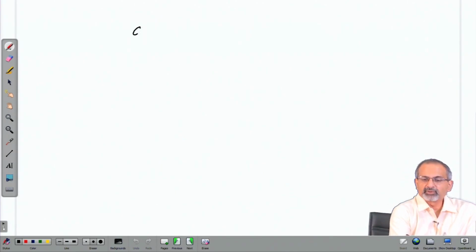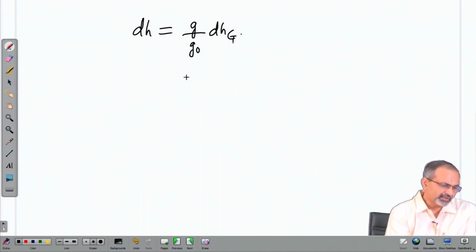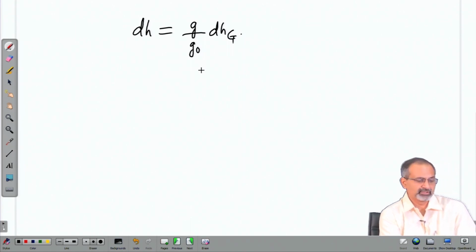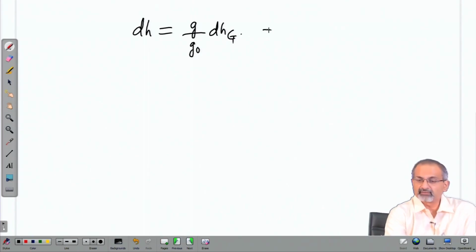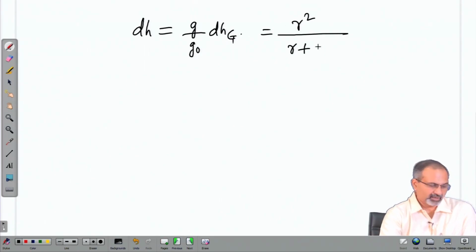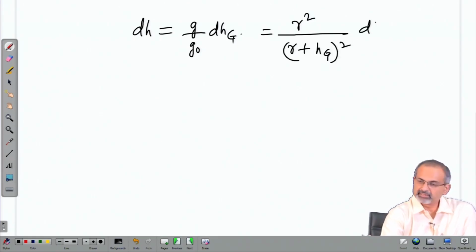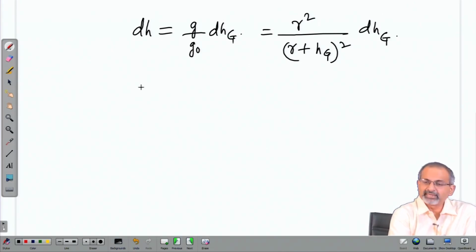Now, we write that equation 7 like this: dH is g by g naught dHg, and we substitute the expression for g by g naught, which we get from equation 4, into this equation, so that we can rewrite this as r square by r plus hg whole square dHg. Now, we are going to integrate it.